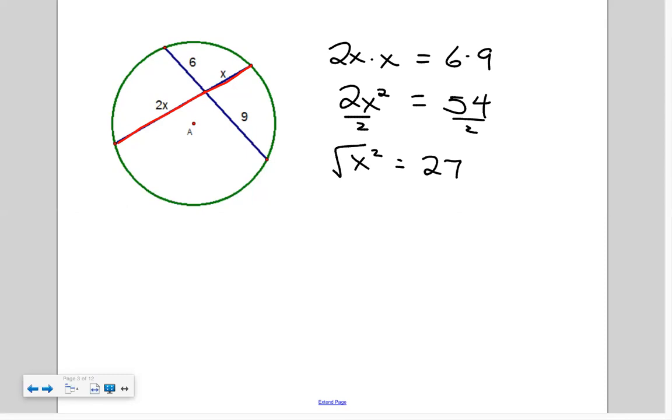So when I take the square root of both sides, 27 is not a perfect square. So if I simplify that, I know the biggest perfect square that goes into 27 is 9. And the square root of 9 is 3.